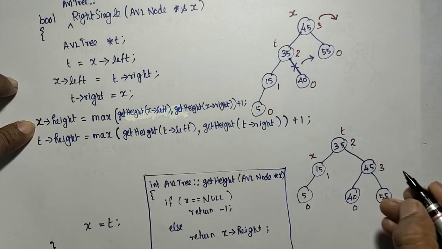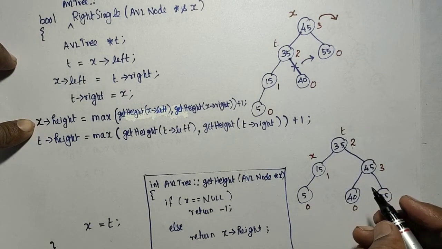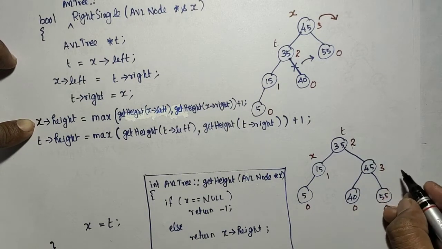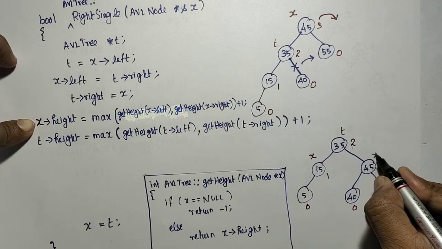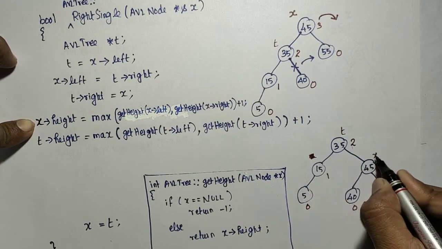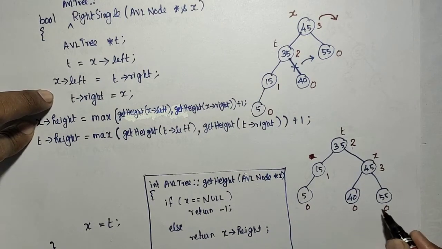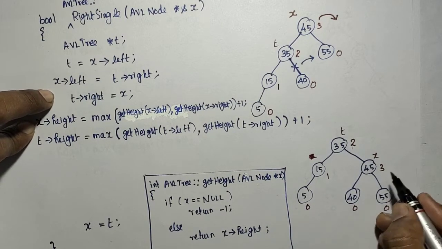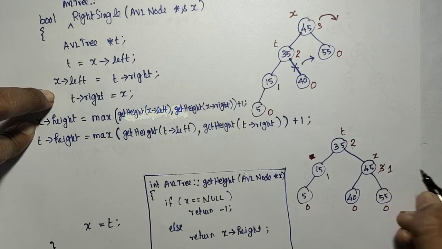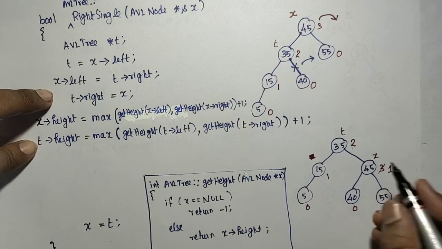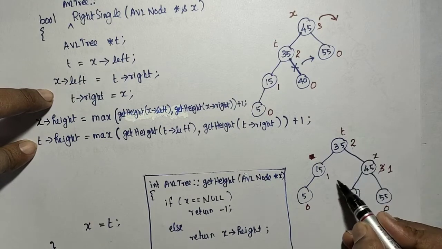And by updating the x height, here 45 is that x, this is not x. So the x height has to be updated. So left and right, which is the maximum, 0, 0 plus 1, 1, so this will be changed to 1.